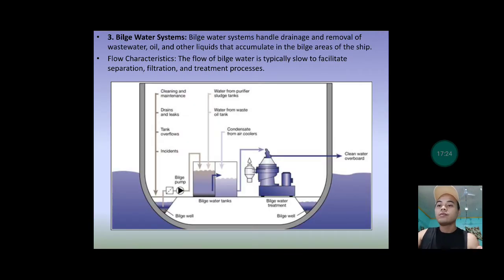Next, the bilge water system. It is very important to have low velocity for the bilge water system because the bilge water tank has an oil and water combination.